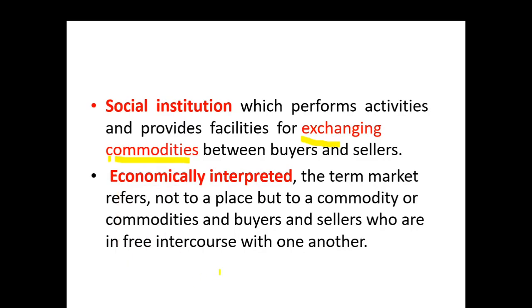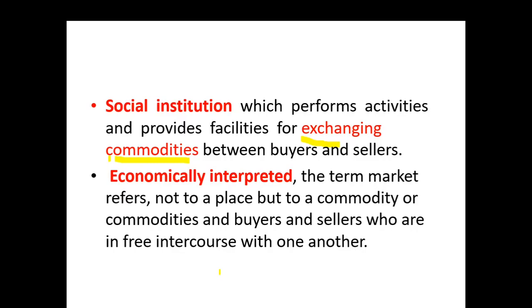Then, if you economically interpret the market, it refers not only to a place but to a commodity or commodities and buyers and sellers who are in free intercourse with one another. So a market is not only a place. Obviously a place is a component of the market, but it also includes a commodity or commodities, milk or meat or any other livestock commodities, and buyers and sellers.